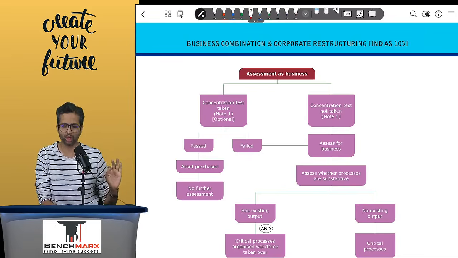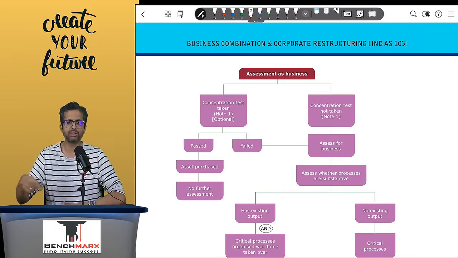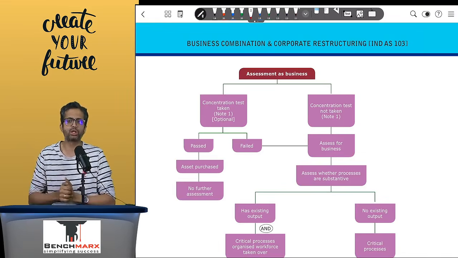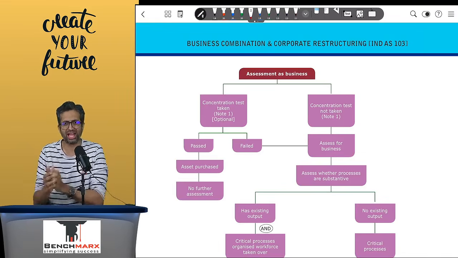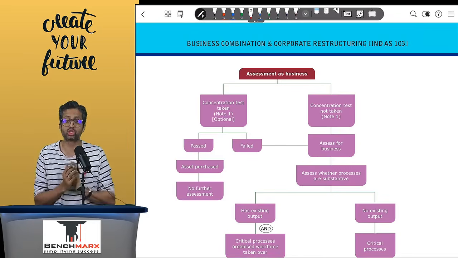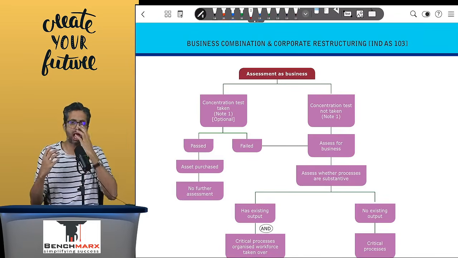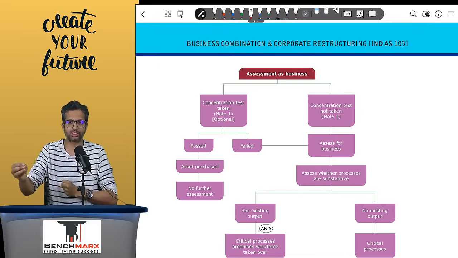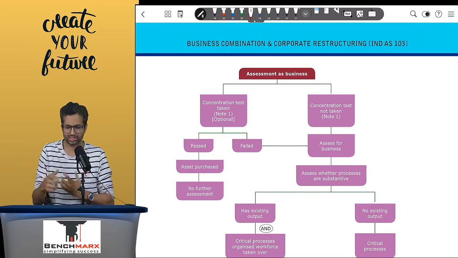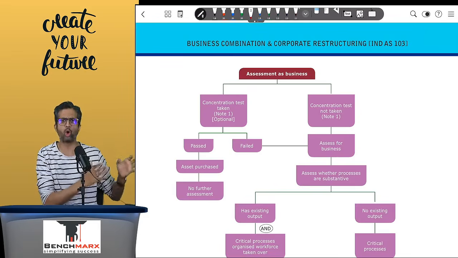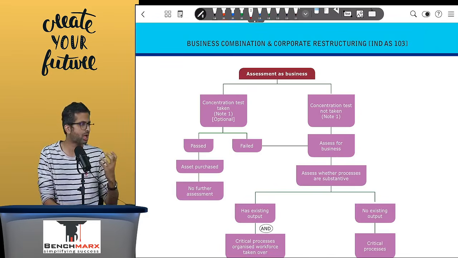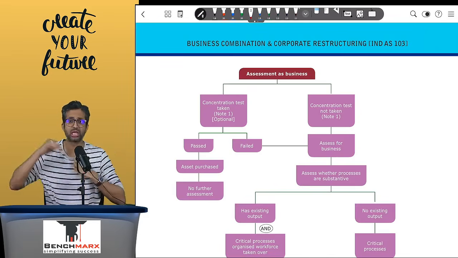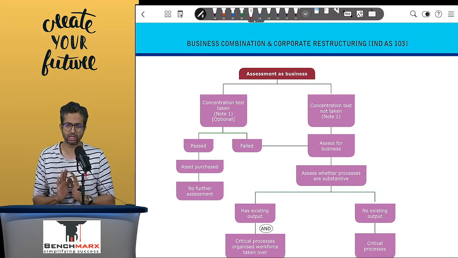There's a special formula for this: PC plus NCI plus liabilities minus your cash and deferred tax adjustment. That will give you the gross assets, and if substantially all of the value of the gross assets taken over is concentrated in a single asset, maybe you are acquiring a building and almost all of the value is concentrated in the building, then we say that this is an asset purchase. There is no need to do any further assessment.